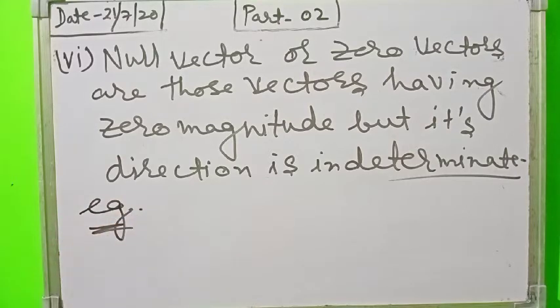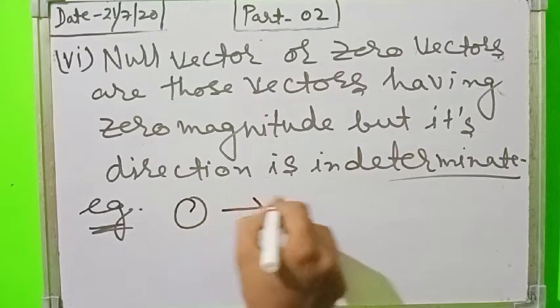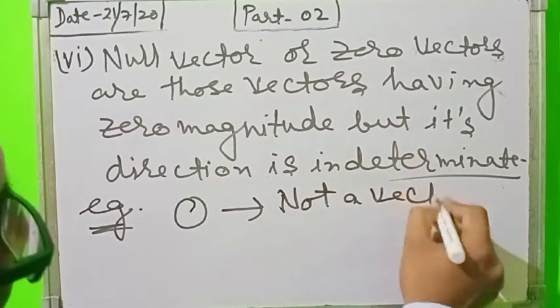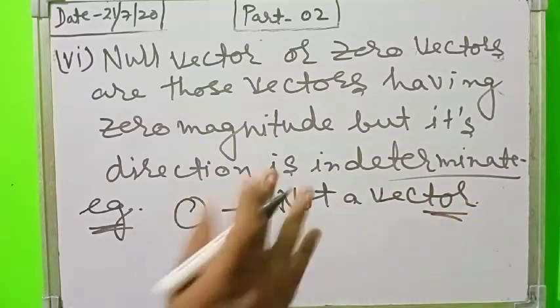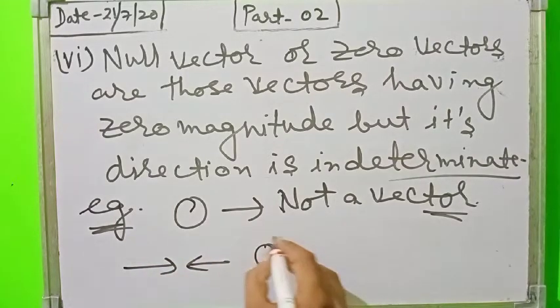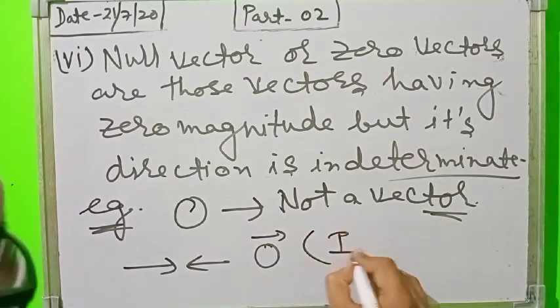Example, ordinary zero is not a vector because it has only magnitude but not direction. But if two equal and opposite vectors are cancelling each other, then its value is 0, having a null vector whose direction is indeterminate.